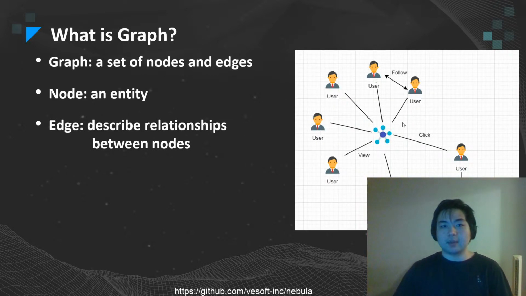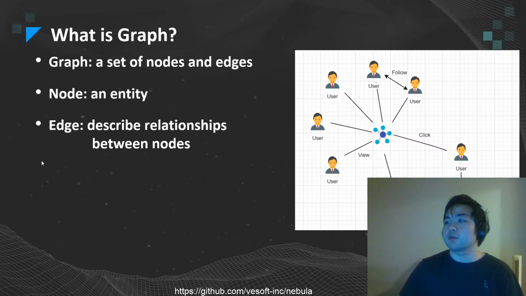Before we introduce graph database, I want to introduce graph at first. For the graph, we can define anything with two components. One is the entities, which you can also represent as nodes. And the second one is the edges.